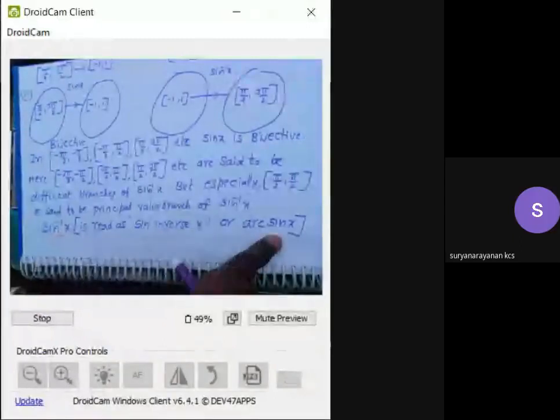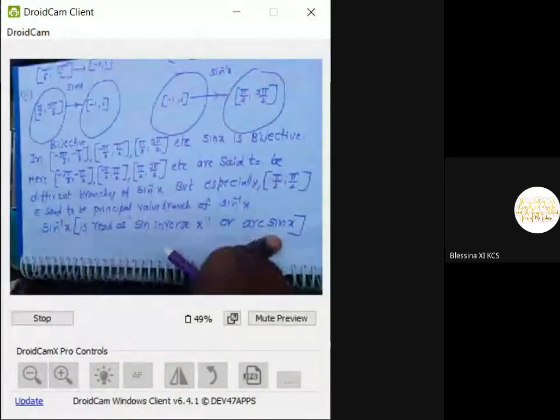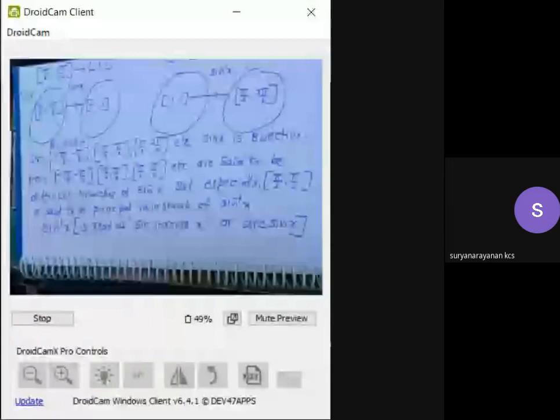Celestina, read this line. Sir, it is read as sine inverse x or arc sine x. Kevin Paul, read this line. Sir, the screen is not clear, sir. Raj, can you read this one?